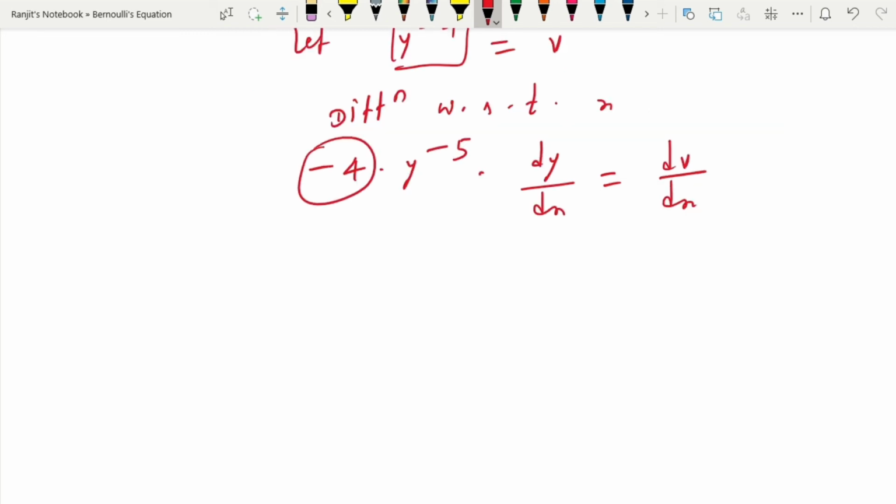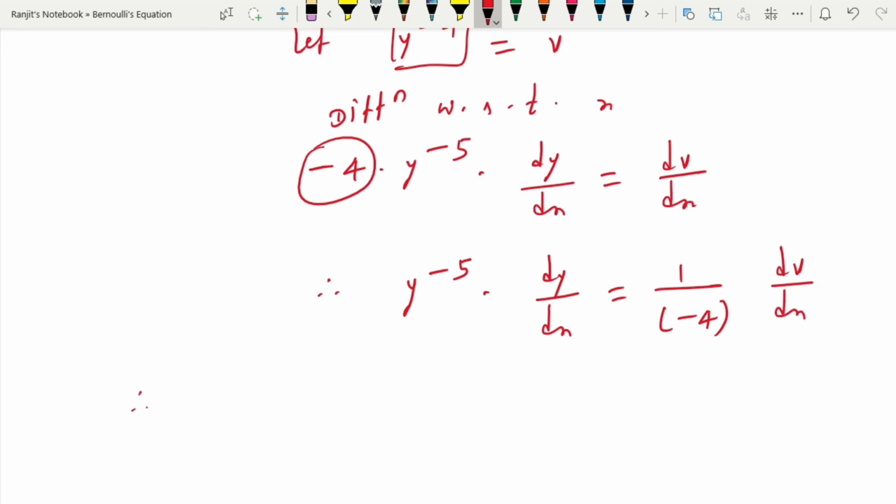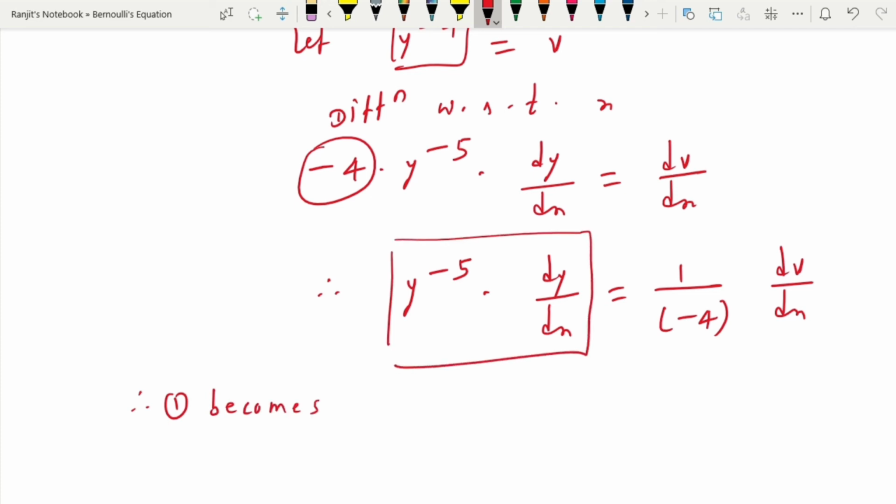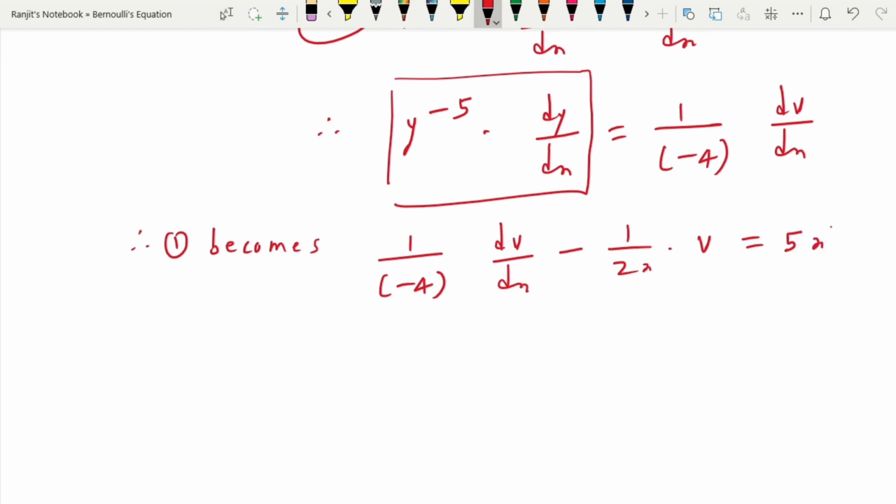Now dividing this by minus 4, y to the power minus 5 times dy by dx is equal to 1 upon minus 4 times dv by dx. And therefore equation 1 becomes 1 upon minus 4 times dv by dx minus 1 upon 2 times x times y to the power minus 4, that is v, is equal to 5x square.